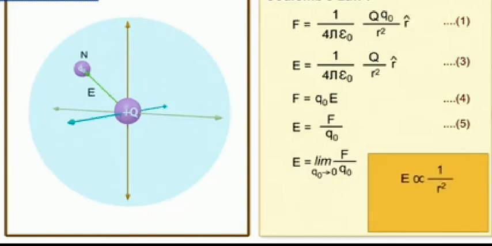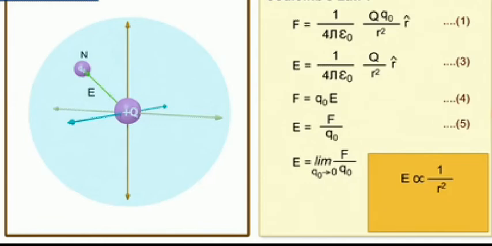Hence, the electric field strength E at distance r from the source charge q is independent of the test charge q0 and varies with r cap and is inversely proportional to r square.